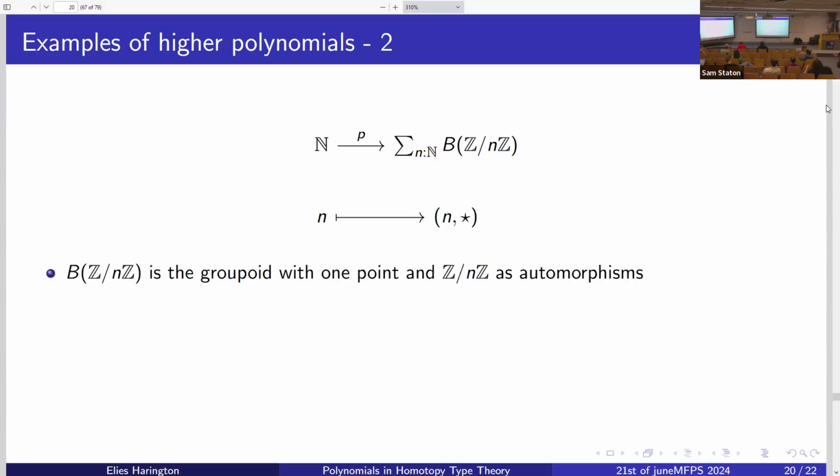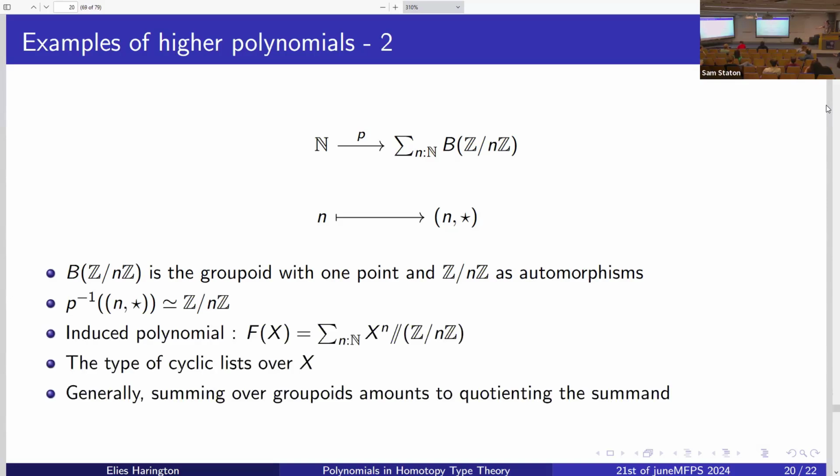And the fiber over n will itself be this set with n elements. But the sum is taken in a weird way because it's a sum over a groupoid. And so the actual function that you get is a function that maps X to the sum of X to the n quotiented by the action of Z over nZ. So this is the type of cyclic lists.